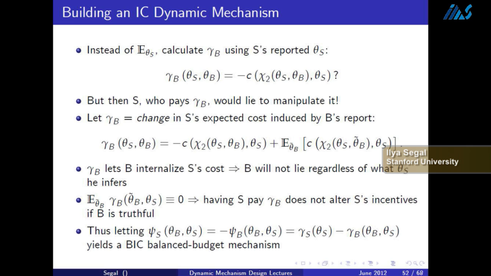But it doesn't tell you how you can balance the budget. The challenge in balancing the budget is to ensure that you have the right marginal expectations for each agent, but at the same time, it has to balance the budget in every state of the world. So you have to spread these expectations over states of the world in a way that the budget is always balanced over all possible states of the world.